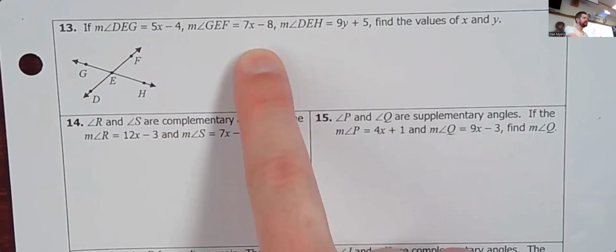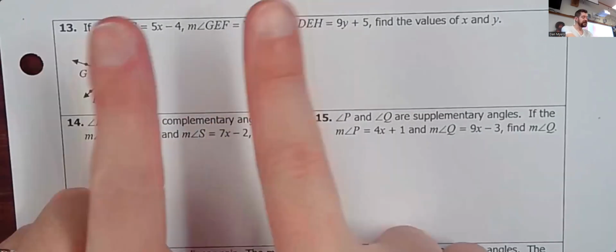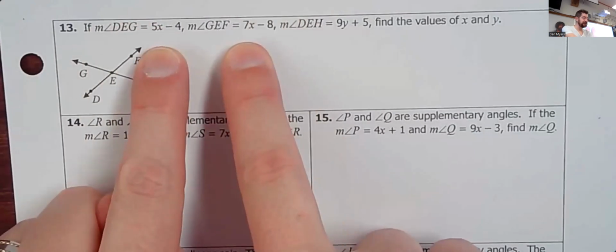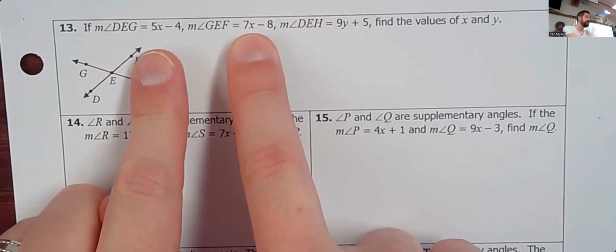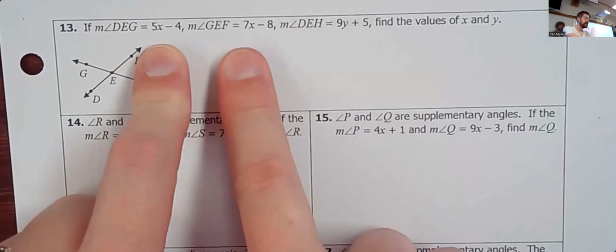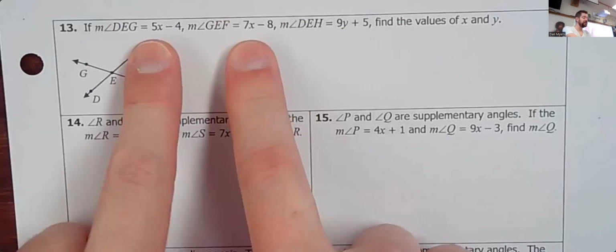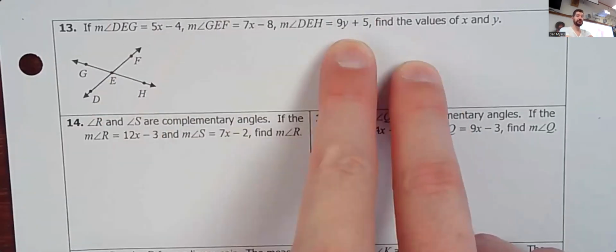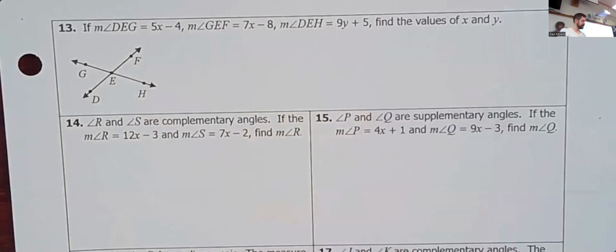And you can't get just a number by itself if you have 2 variables in one equation. It doesn't work. So we have to start by using angle DEG and angle GEF first. And once we do that, we can figure out x, figure out an angle measurement for one of those two. Then we can write our second equation to solve for y. So let's go ahead and work through this.